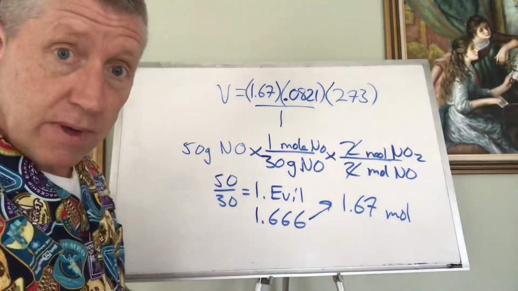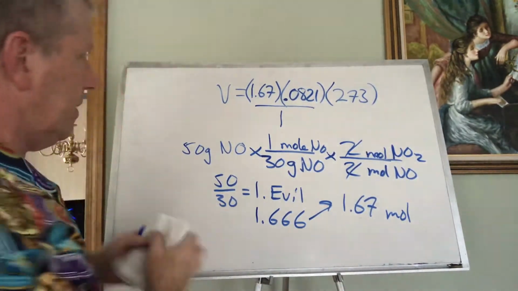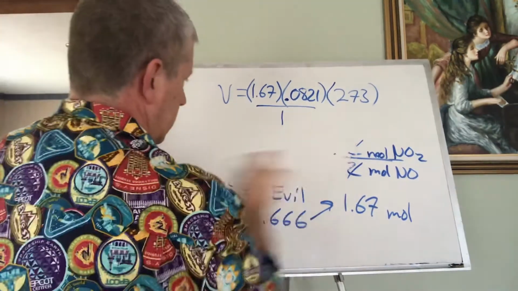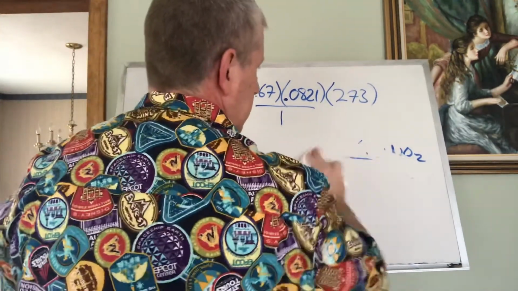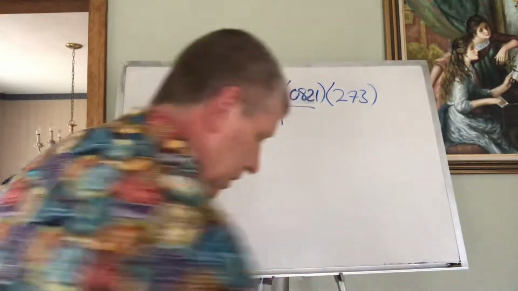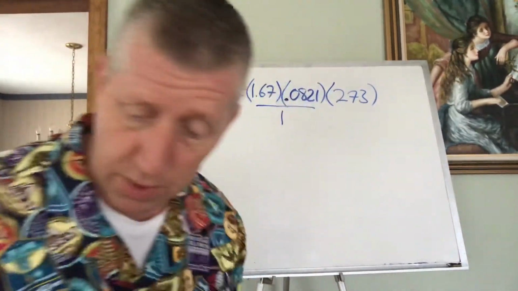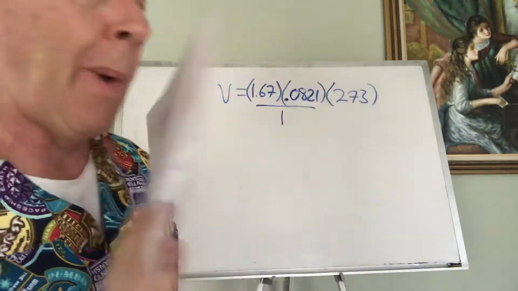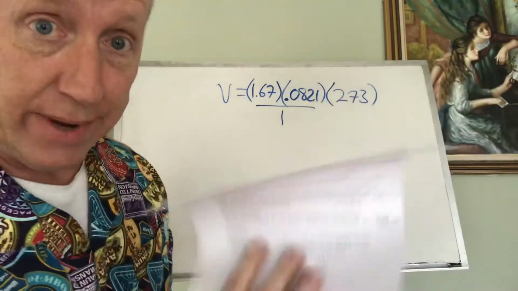Now I do the math on this. Let's clean this up a little bit and do the math. What we hope is we come out with the answer that I gave you on the answer sheet.